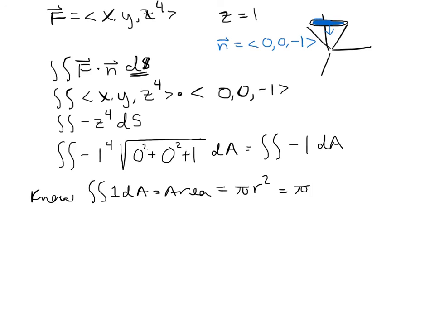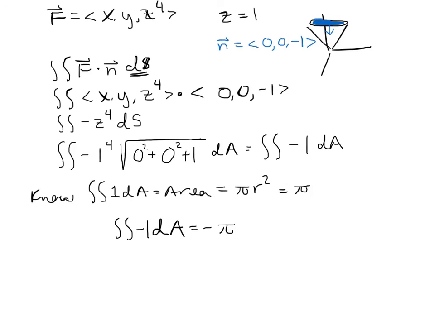Of course you can integrate with dr d theta and go from 0 to 1 and 0 to 2 pi, you'd get the same thing. But using this fact that a double integral of 1 is area, then I know that this double integral, because of the negative, is going to be negative pi. So for this part, the double integral of negative 1 dA is going to equal negative pi.